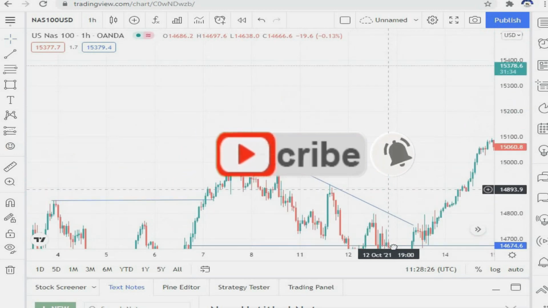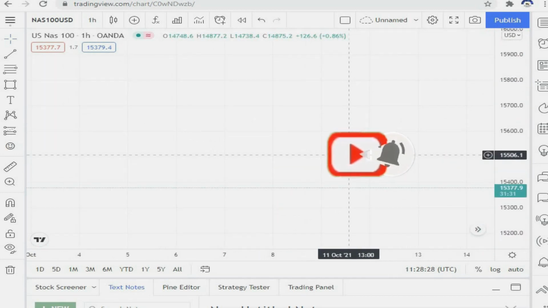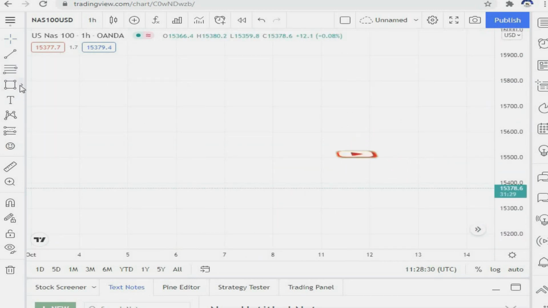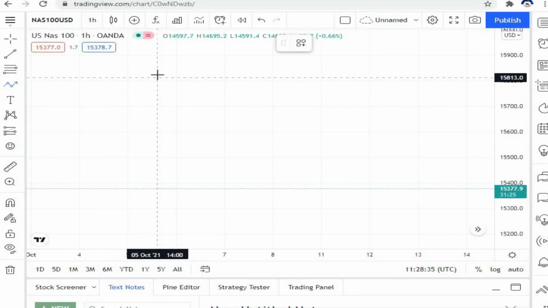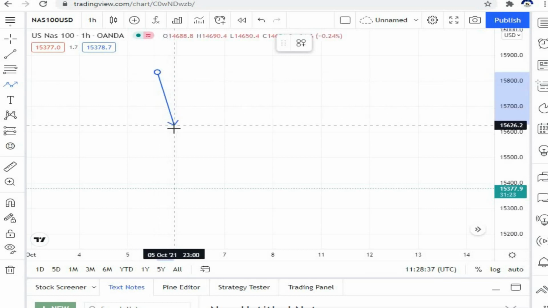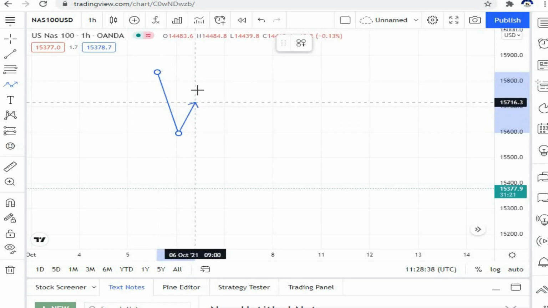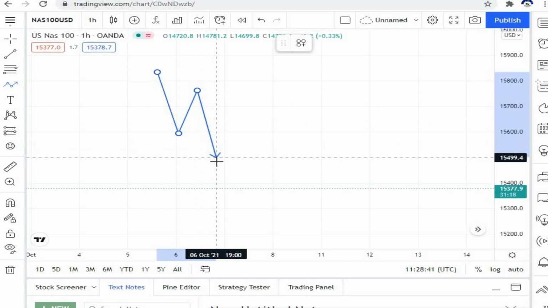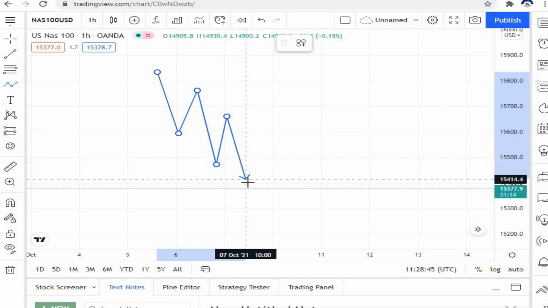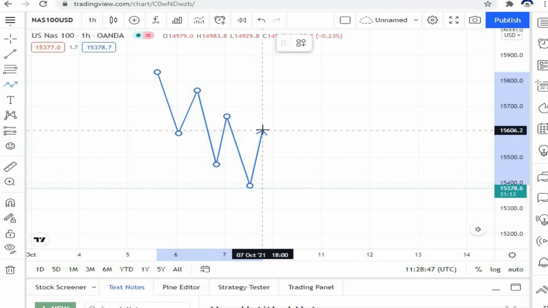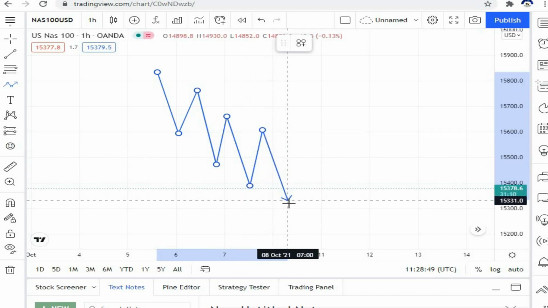So what I want to advise you guys is something like this. The market can give you, let's say, something like this: a drop, base, drop, base, drop, base, drop.